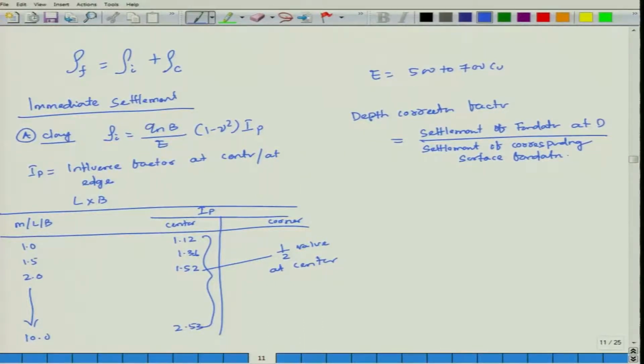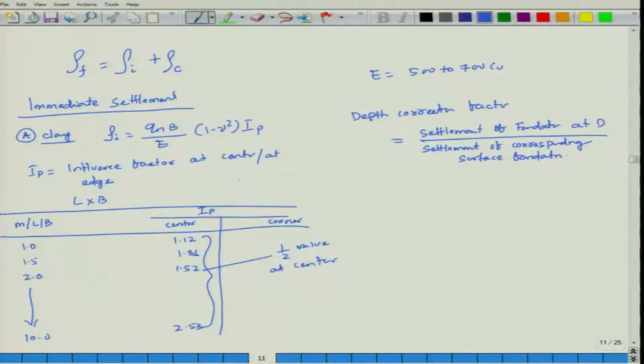So, this is your correction. Another correction is your pore water pressure correction. I will discuss it later in the latter part of this settlement analysis. It will be applicable only in the case of consolidation settlement, not in the case of immediate settlement. So, that is why I am removing it.